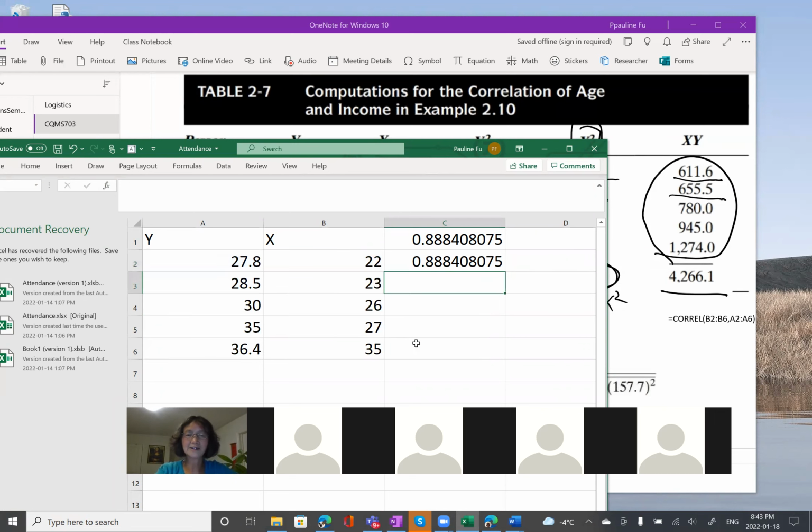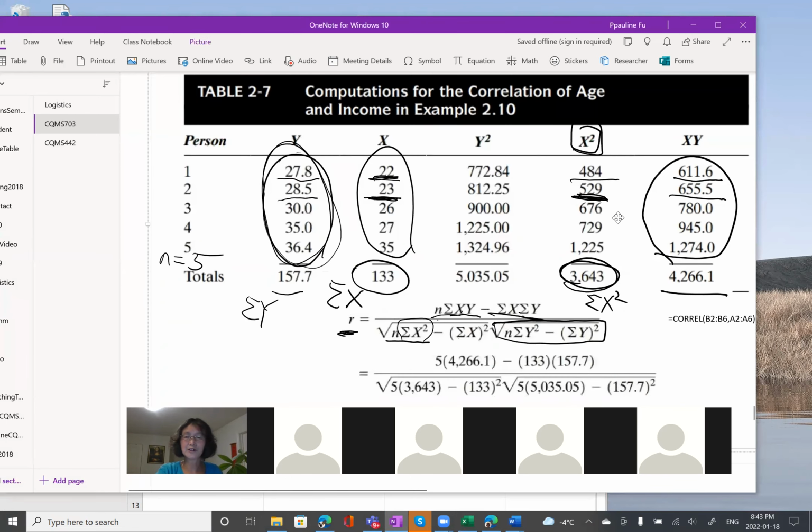It will get the same result. So it does not matter what the sequence is. Does that answer your question? It doesn't matter whether you put x first or y first, because correlation explores the relationship between two variables. Okay, thank you. You're welcome. Thanks for your question.